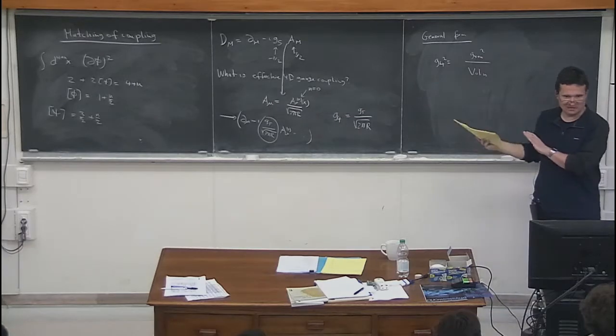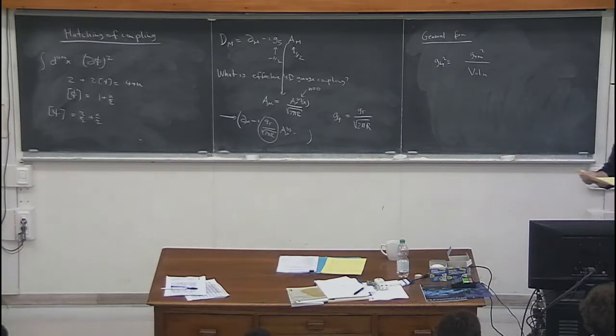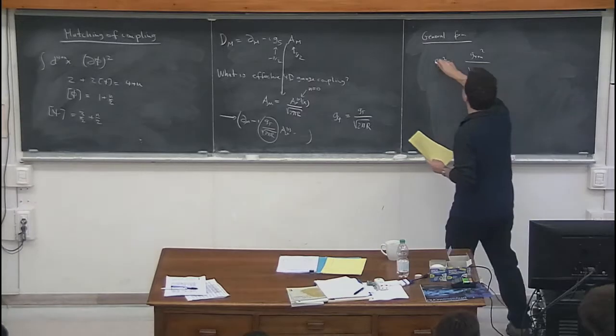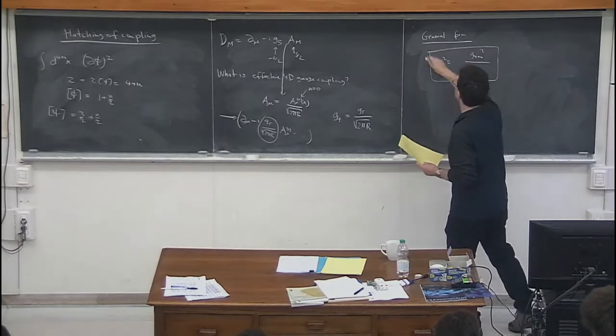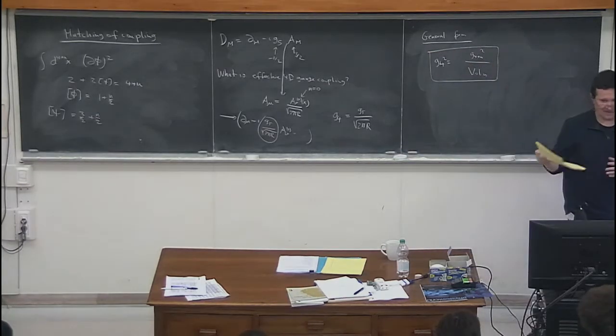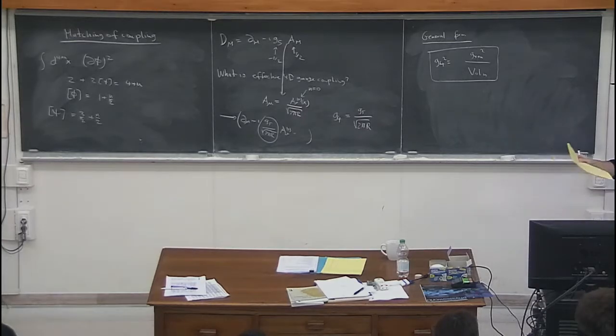And again, this is assuming that the extra dimensions are flat, so this is usually only applicable in this simple form to toroidal compactifications. So that's very important: there's a relation between the higher dimensional and the lower dimensional couplings.